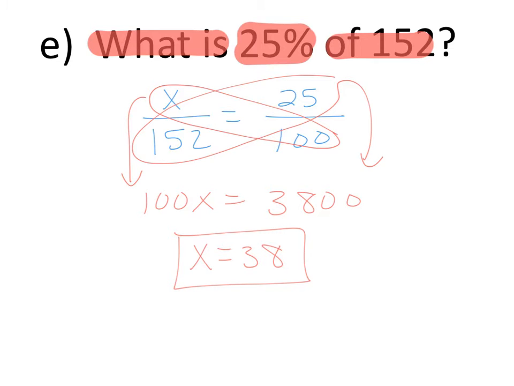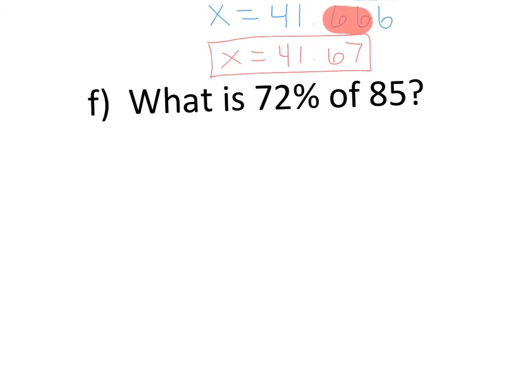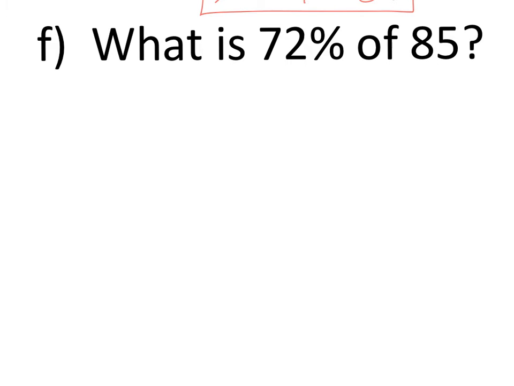Okay? All right. So why don't you go ahead and try F on your own. We're going to pause the video. Okay, so the setup is x over 85 equals your percent, so 72% out of 100 is what your setup should have been.